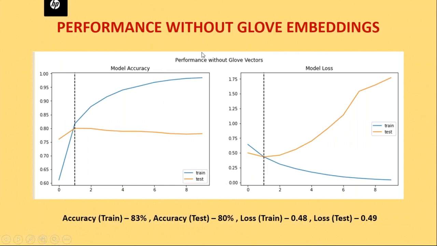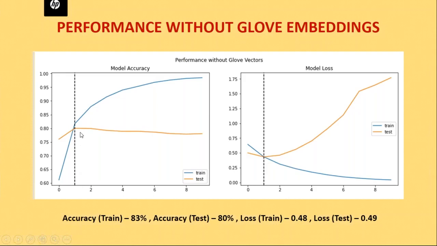So this was the performance that I have observed without using GloVe embeddings. Here you can see the training accuracy was 83%, testing accuracy was 80%. This was the training and testing loss. So without using the GloVe embeddings, the model is overfitting, and even the performance is very poor.